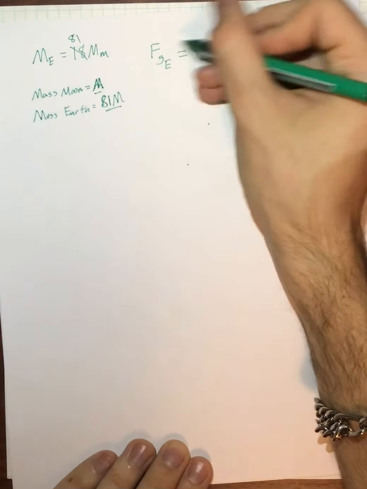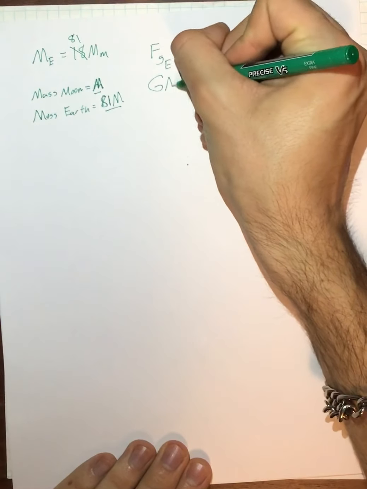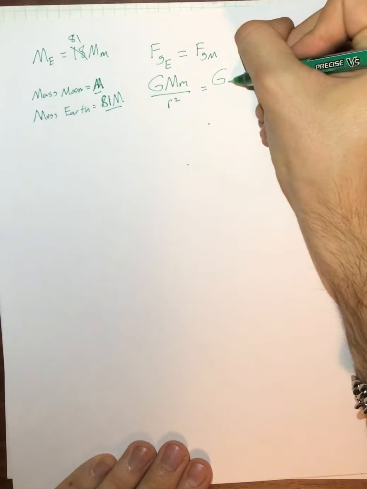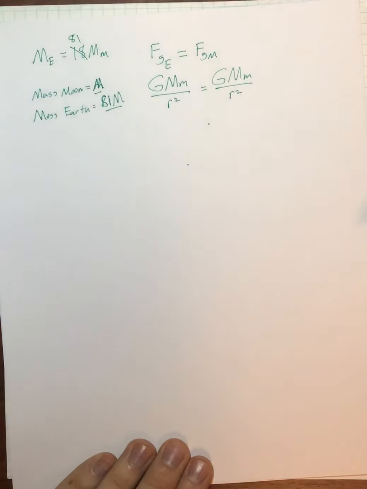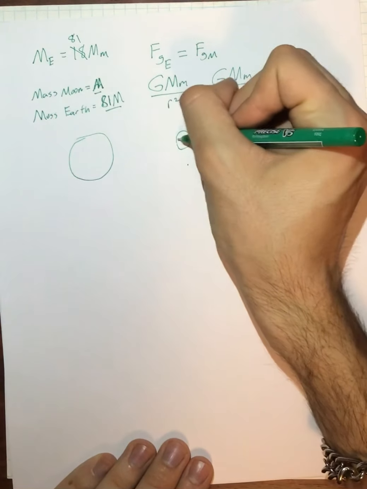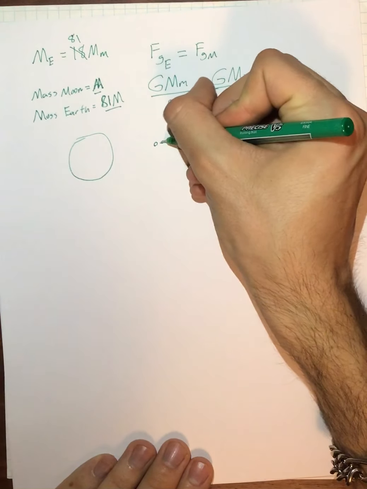So let's use this equation. The big gravitational equation is G, big M, little m, over R squared. And that should be equal to the same for the Moon. Now we gotta personalize this. Let's look at the diagram again. Big Earth, little Earth, spot where gravity is equal. It's going to be closer to the Moon.